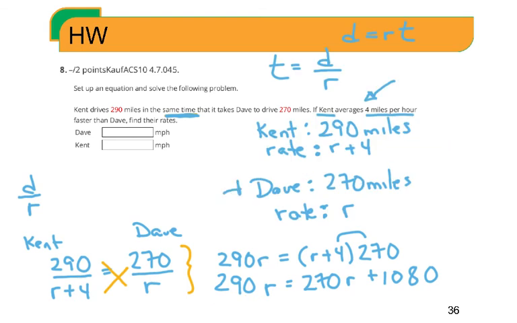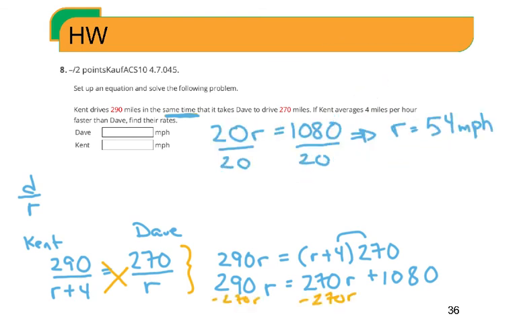R is Dave's speed. So Dave went 54. So what is Kent? Remember, he is a little bit faster. 58 miles per hour. Pretty good.